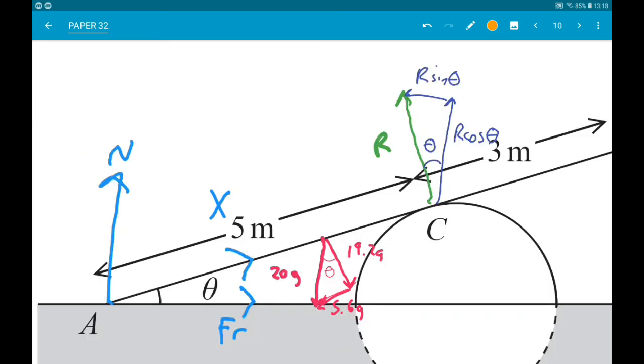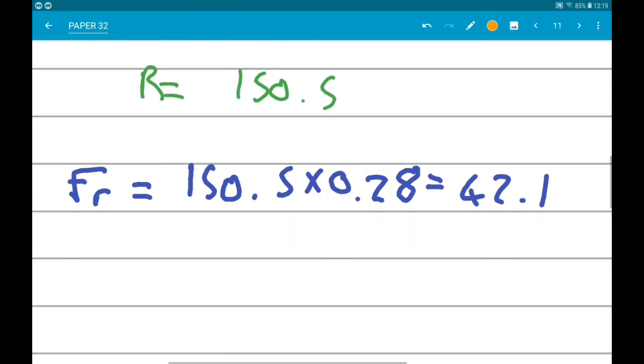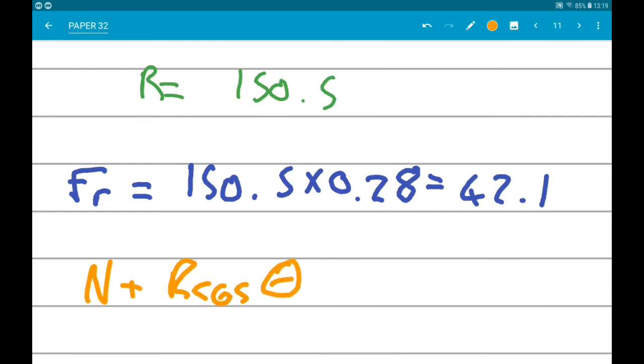Now, we also know that the vertical forces must be in equilibrium, so we have 2 working up, which is N add r cos theta, and then 1 acting down, which is the weight, so 20g.